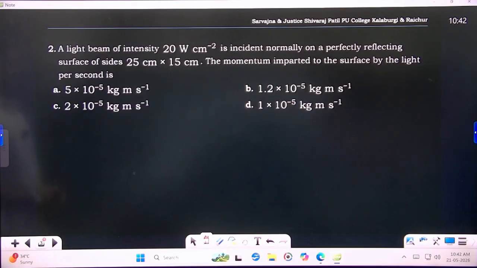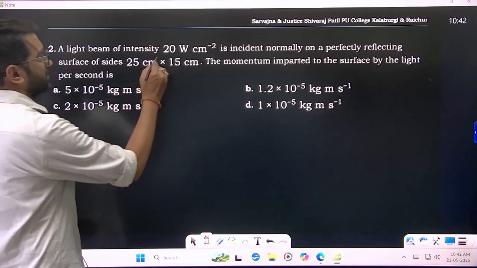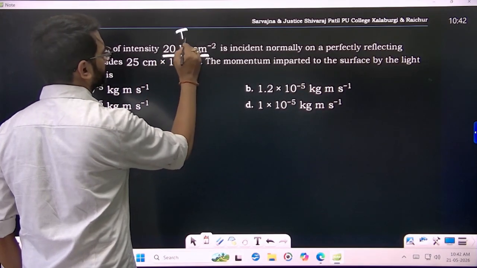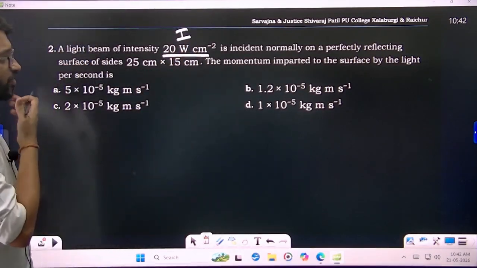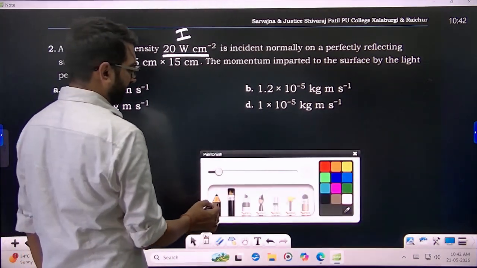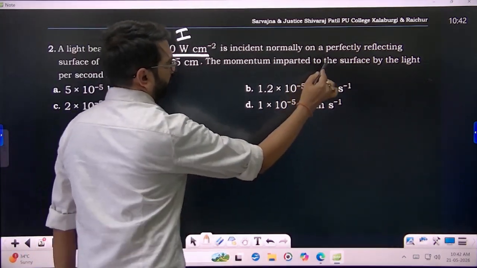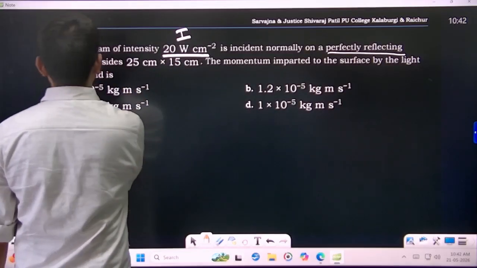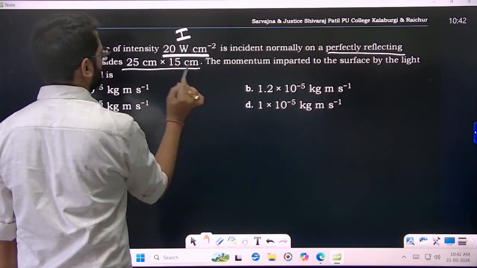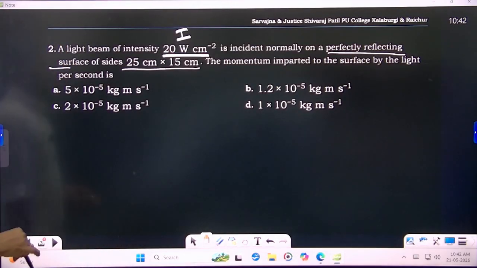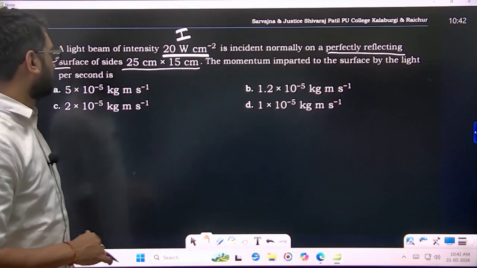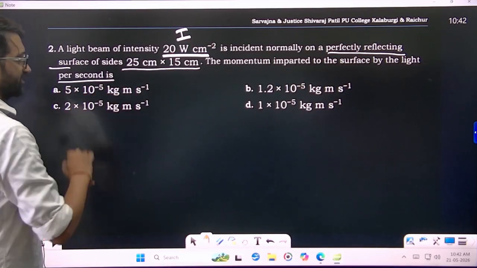Next, a light beam of intensity I is incident normally on a perfectly reflecting surface of sides, so this becomes the area, length into breadth. The momentum imparted to the surface by the light per second is.